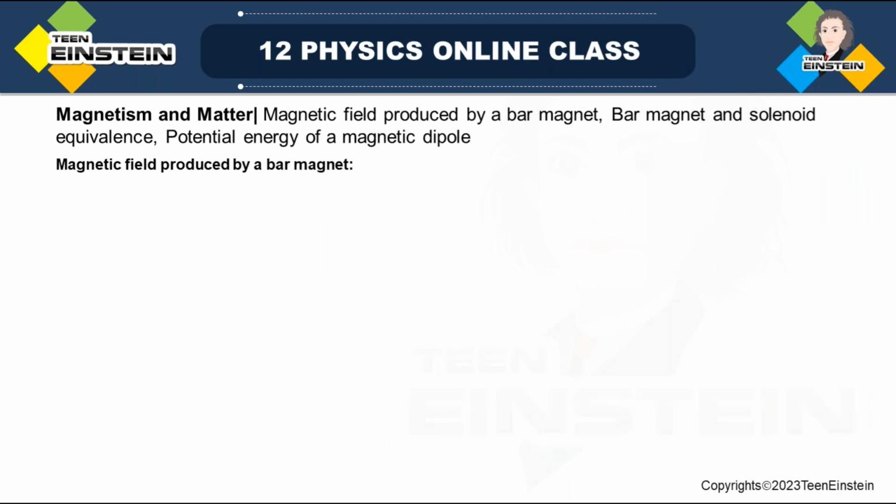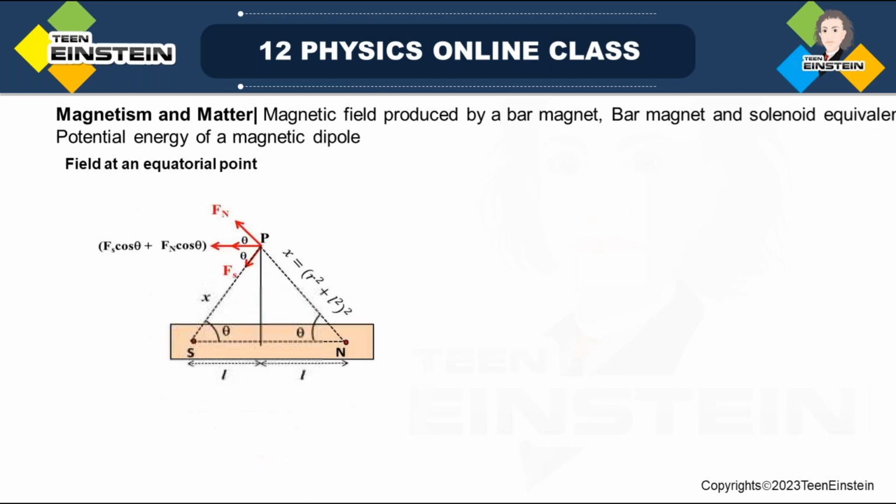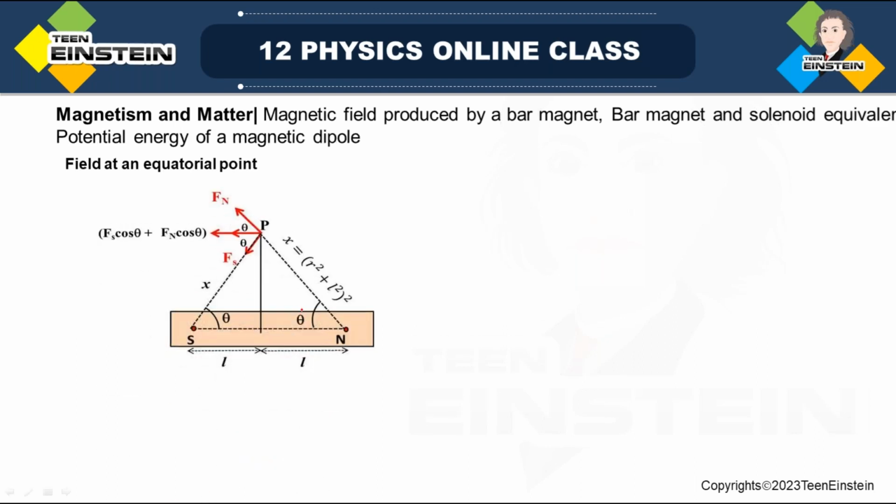Now we'll see the magnetic field at an equatorial point. I'll tell you how I have taken the equatorial point. This is the bar magnet and this is the length.